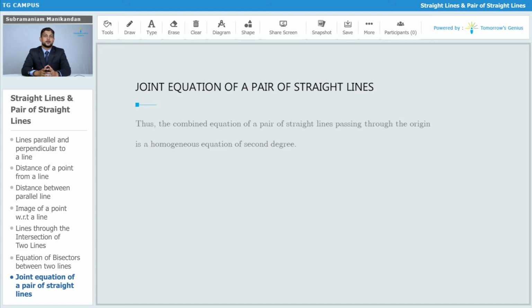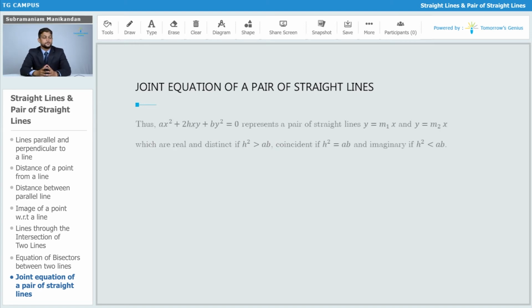Especially if the two lines are passing through the origin, then their combined equation is called the homogeneous equation of second degree. So therefore, there has to be some way to identify the characteristics of the two lines in the combined equation by observing the two equations.